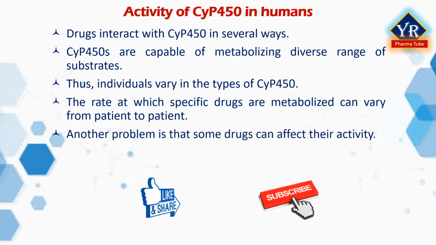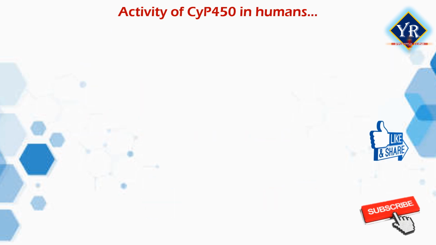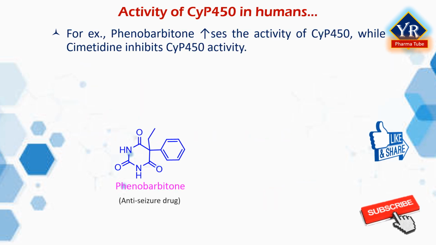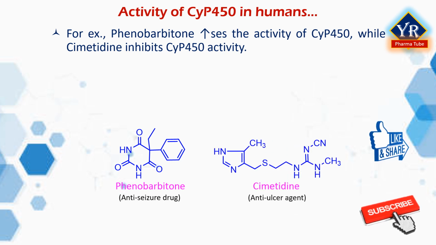Another problem associated with the cytochrome P450 enzymes is the fact that some drugs can affect their activity. For example, phenobarbital enhances the activity of cytochrome P450 enzymes, while the anti-ulcer agent cimetidine inhibits activity.